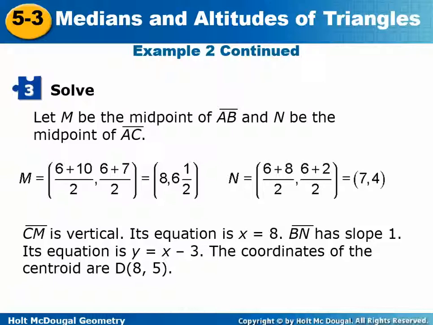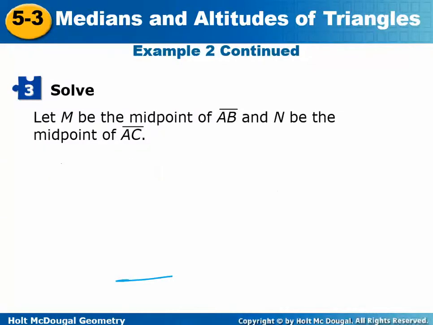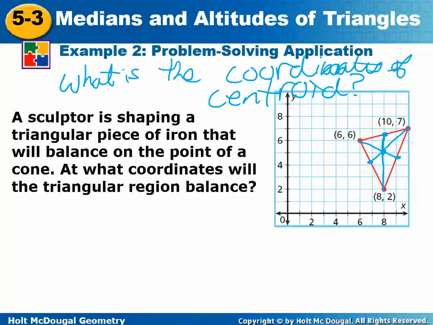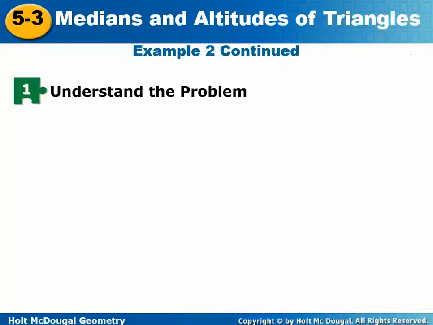And then they say that if you find... I wish they had the picture right on here. Its equation is x equals 8. BN has a slope of 1. Its equation is y equals x minus 3. The coordinates of the centroid are 8, 5. Does that look like 8, 5? My rough sketch gave me the same centroid as they got.